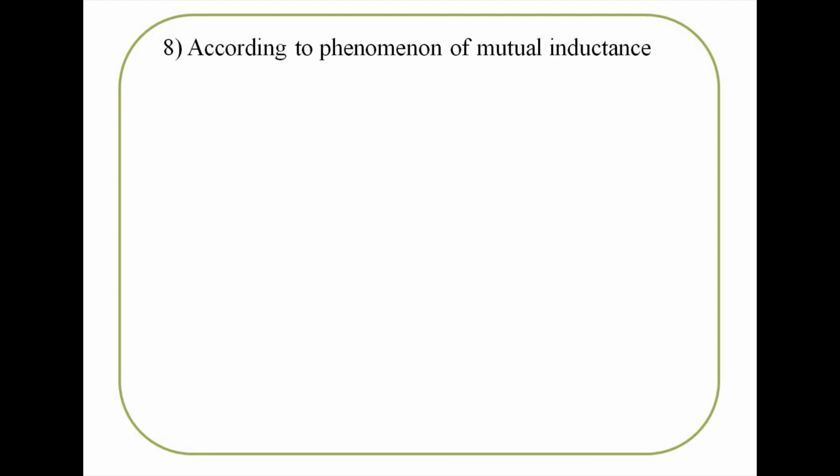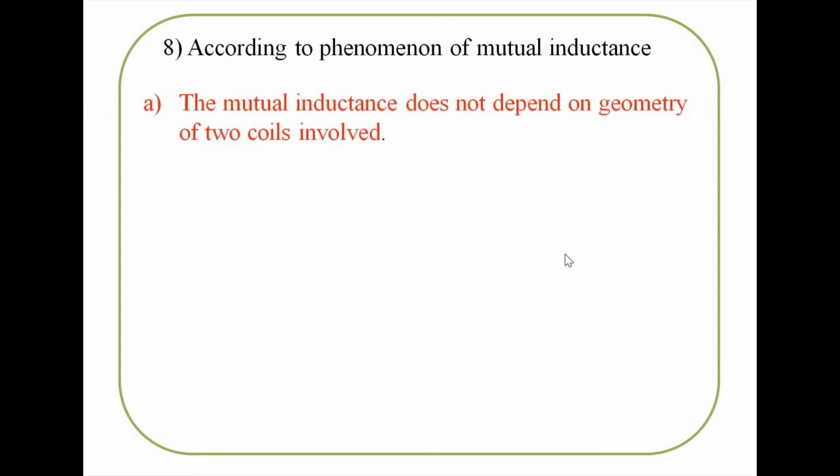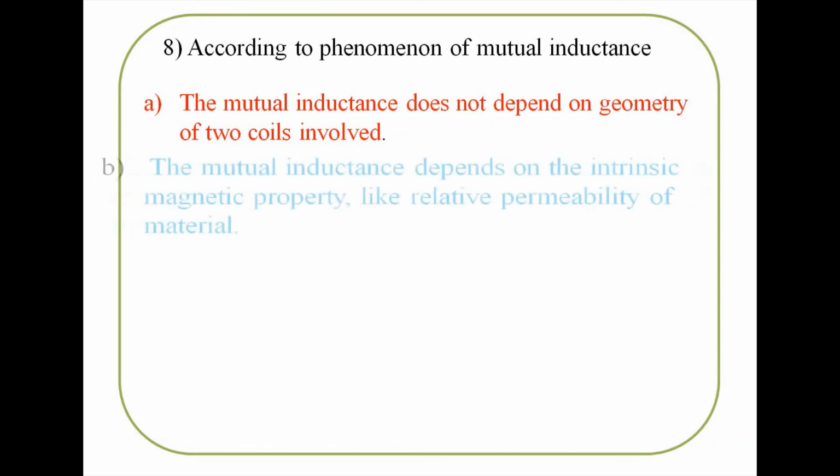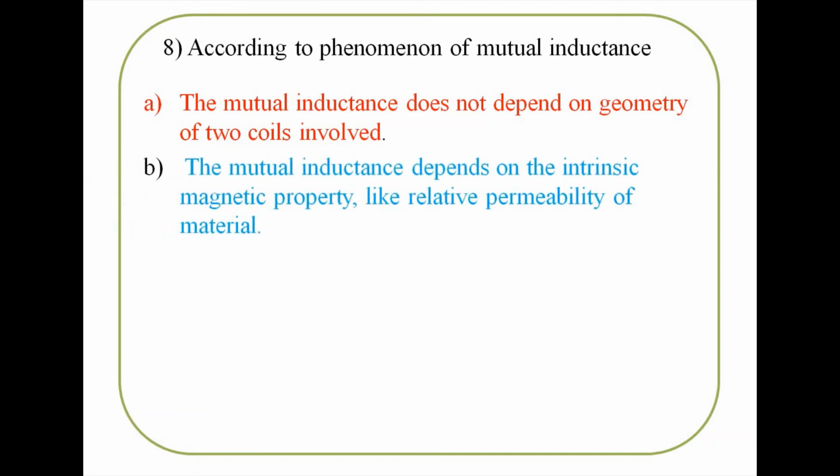According to the phenomena of mutual inductance, options are: option A is mutual inductance does not depend on geometry of two coils involved. Option B is mutual inductance depends on the intrinsic magnetic property like relative permeability of the material.